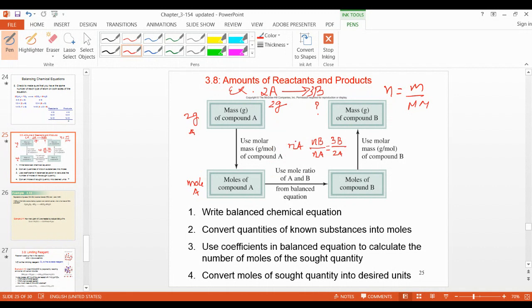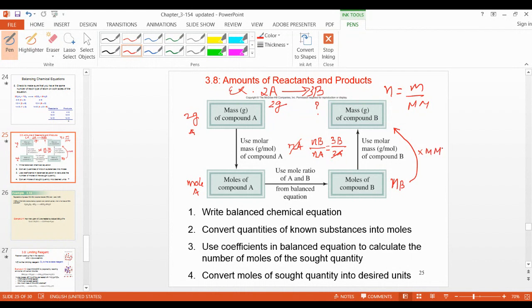The moles of A cancel, and only B remains. This is the moles of B. Now this mole of B changes to the mass of B by multiplying by the molar mass.